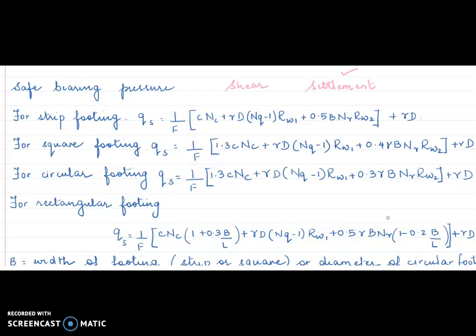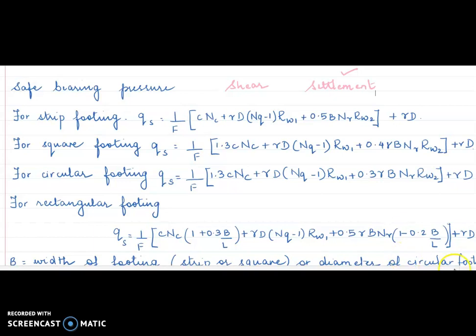Then, while designing the footing, you are going to take the lower one to be safe, because if you take 15, then your foundation will be safe from settlement criteria, but it will fail in shear. So you always take the safe bearing capacity, out of the two, whichever is yielding the lower value, obviously to be on the safer side.